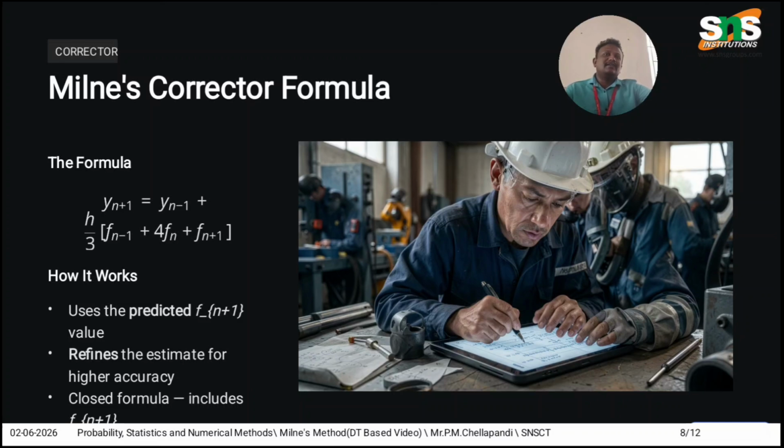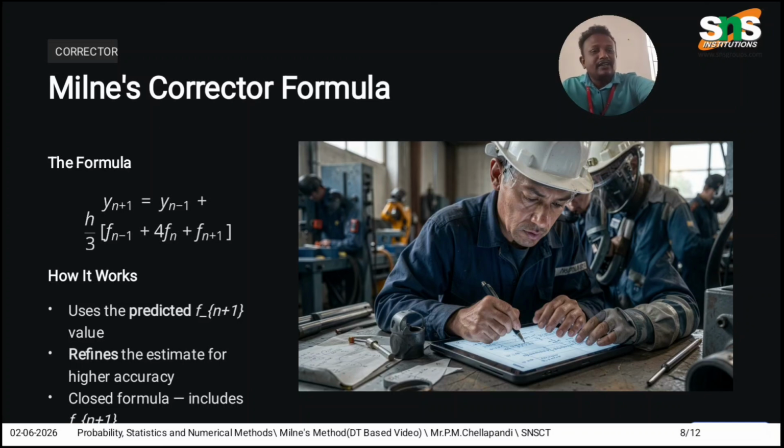We need to find the value at x equal to 0.8. First we have to calculate the function values, then we apply the predictor formula and obtain the estimated value. Then we use the corrector formula to refine that value. Finally, we obtain the corrected result. This step-by-step process demonstrates how Milne's method works in practical situations, right?